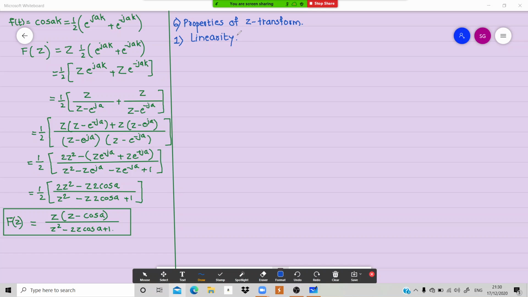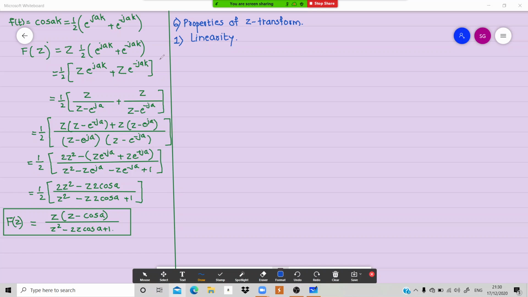See, if we know all these properties, then only it will be possible for us to solve the numericals, because all the properties should be known. Like for the Laplace transform also some properties were there, right? You already learned that. That's why we had not discussed while solving the numericals in Laplace domain. But definitely we should learn those properties for Z transform.